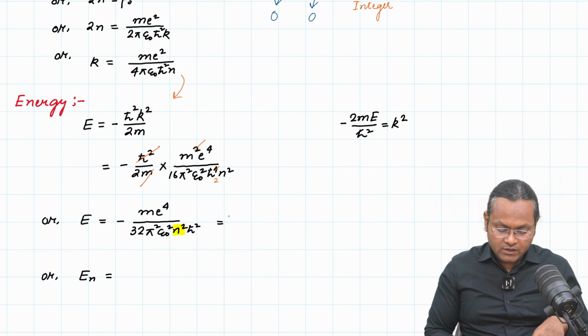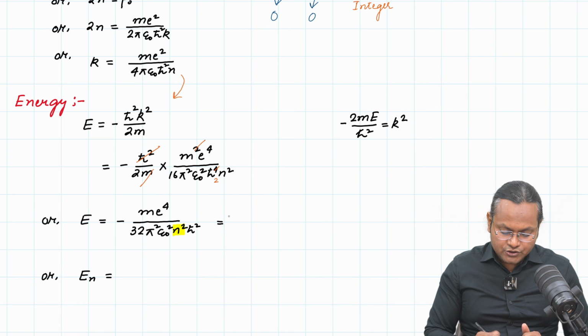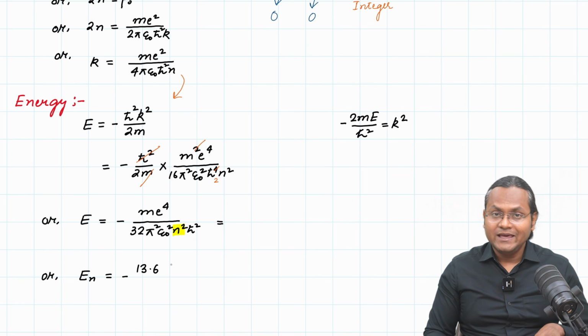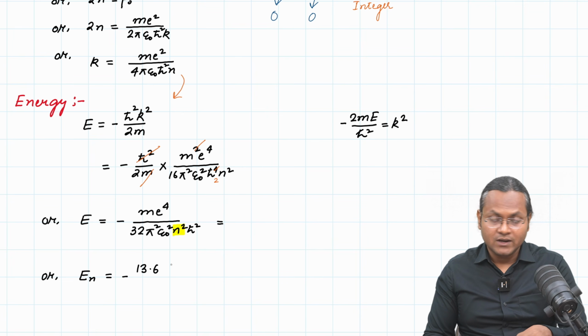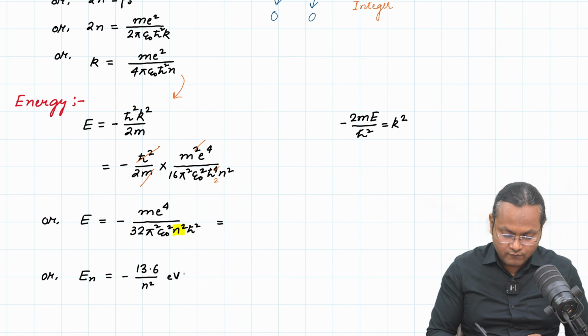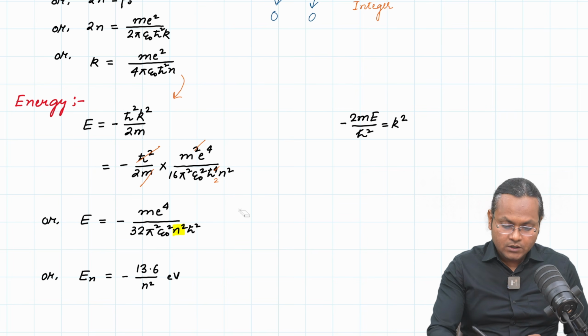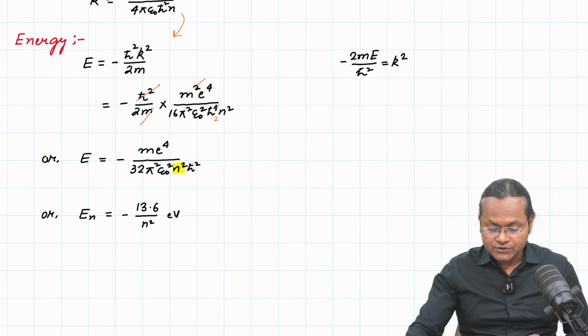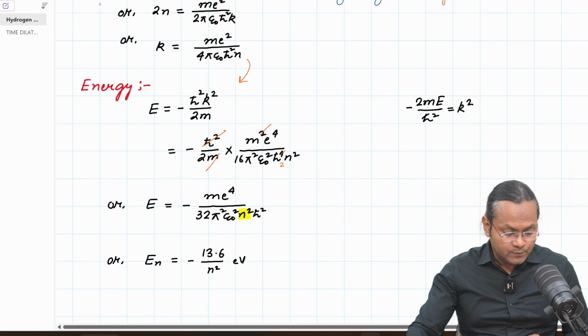You can plug them into these particular values if you want, and you can try to check what value you eventually end up getting. Because it's energy, you end up getting minus 13.6 in terms of electron volt. So you can convert joules to electron volts also, upon n square electron volt. There you have it. These are the energy eigenvalues that we have finally obtained for the hydrogen atom.